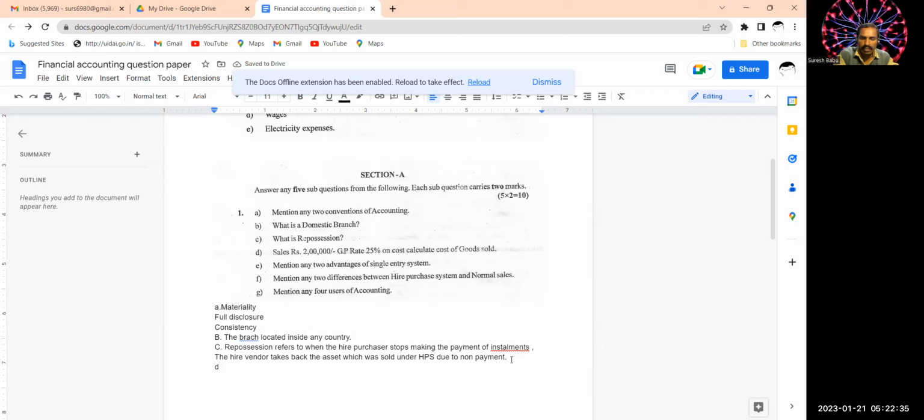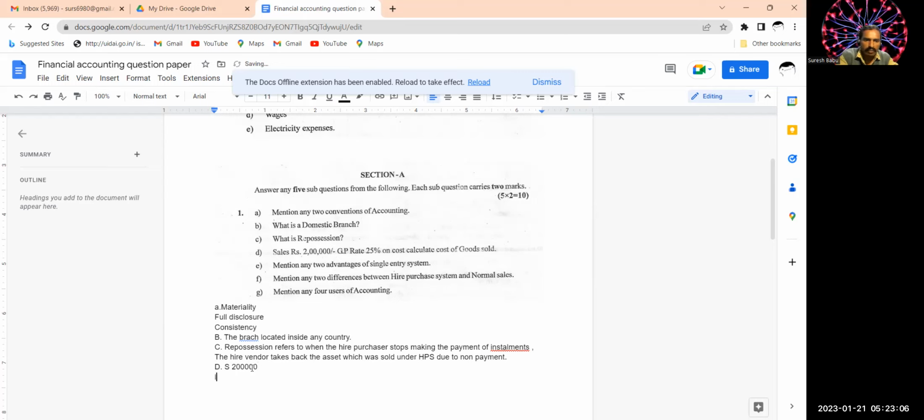The series, here it is changing. Earlier I was just explaining. Now see. Sales 2 lakh rupees, GP 25% on cost, calculate cost of goods sold.